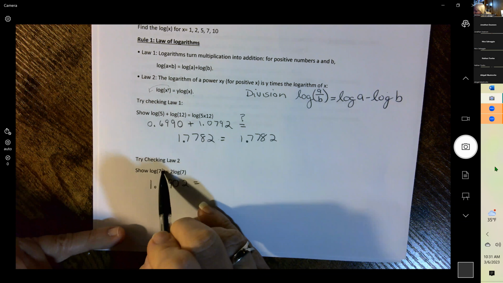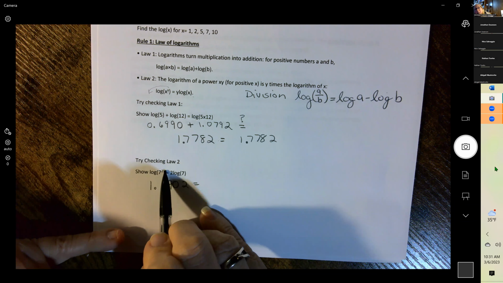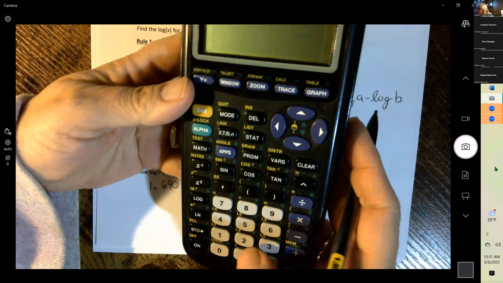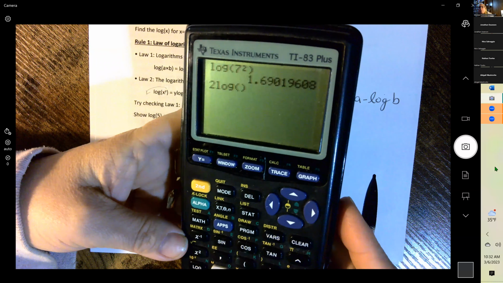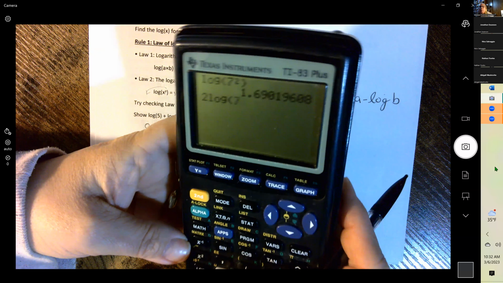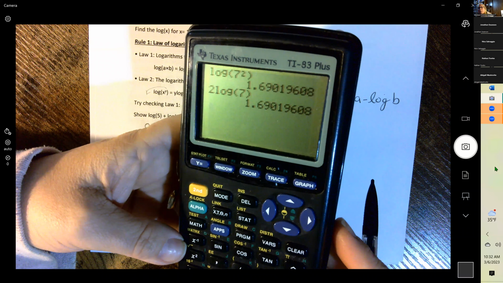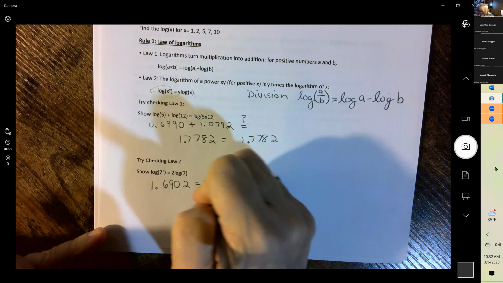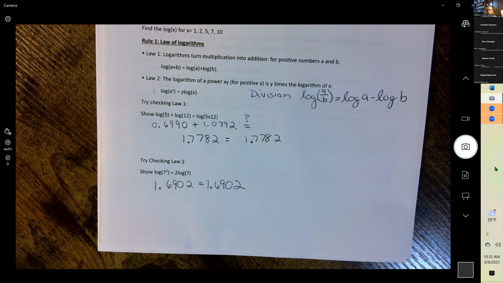So this 2 could be brought in front. That's what they're doing here. They're taking the exponent and bringing it down. We can find 2 times the log of 7. So I didn't hit 7. There we go. Exact same value. Any questions on that?